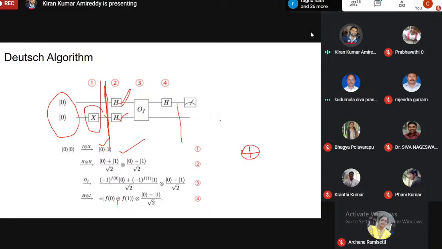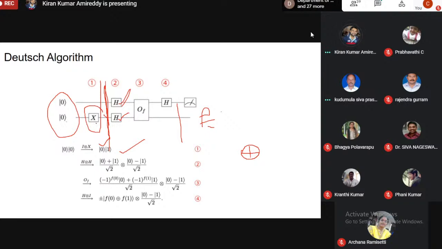This entire thing is happening in a single sequence, or in a single process. So here we will get f of 0 plus f of 1. Suppose there are two separate qubits, let us say this is x and this is y, and we want f of x plus f of y.